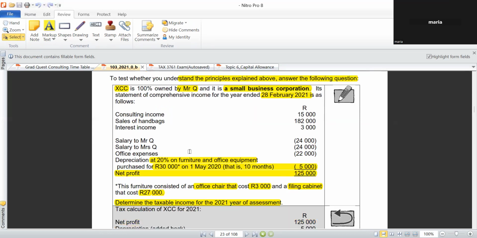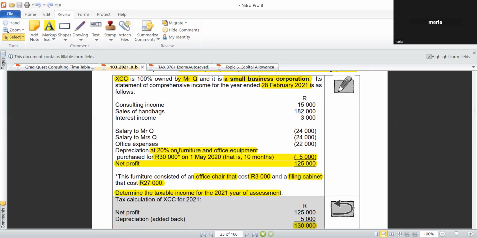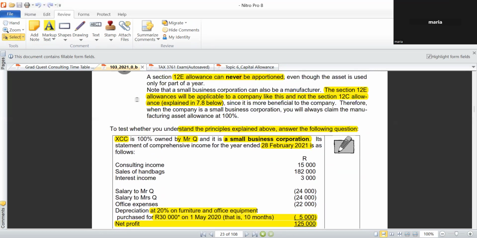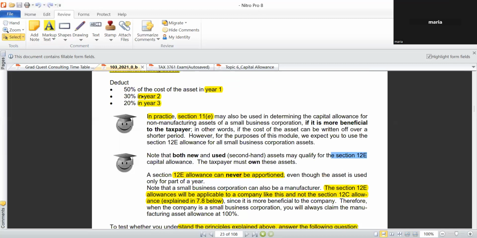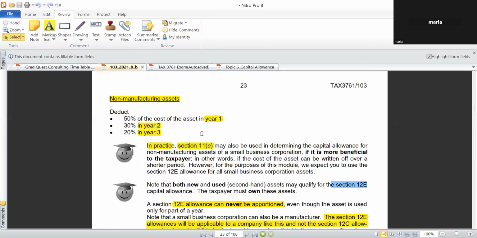So we did notice that there was depreciation computed here on furniture and office equipment. Now, furniture and office equipment in the books of XCC, which is a small business enterprise, would be seen as non-manufacturing asset. So it falls within this group. So what we would have expected normally, if the asset's value is above 7,000, is that we would have applied these provisions.